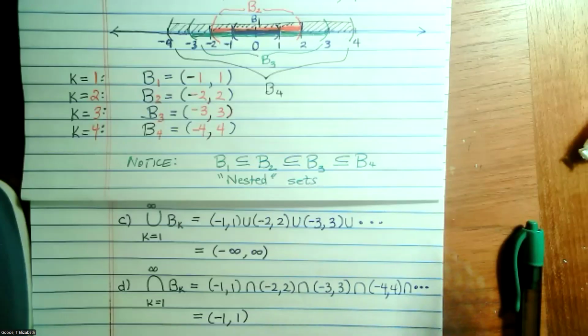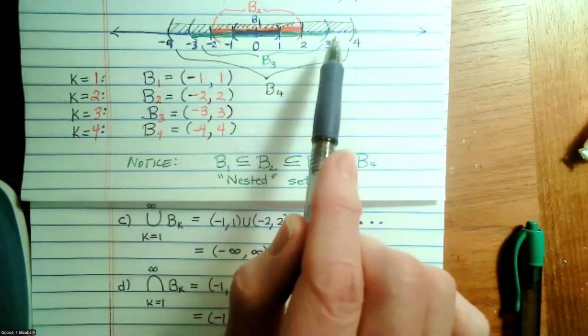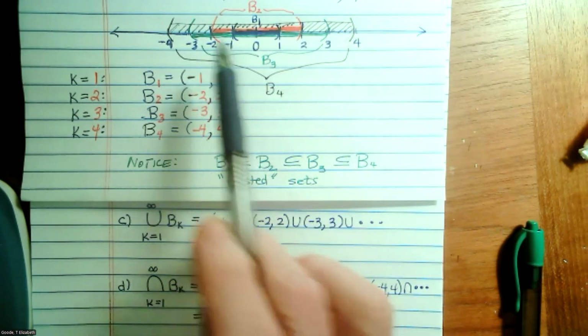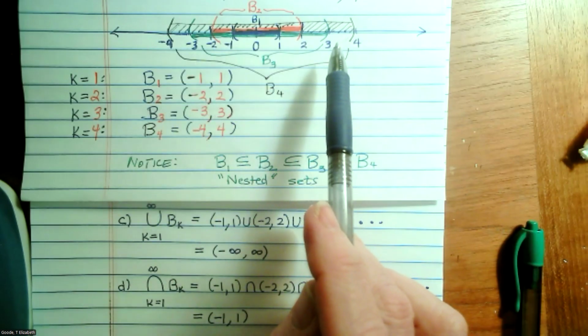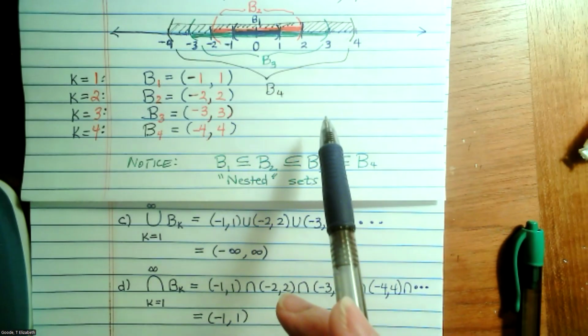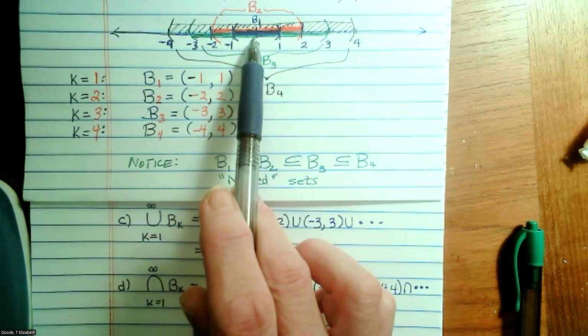The specific nature of this picture is part of what defined these unions and intersections. The relationship between these sets, the fact that they were nested, mattered. And the way that they were nested. The first one was the smallest.